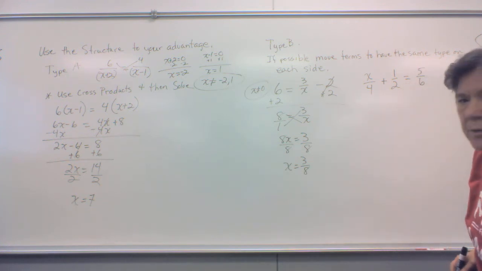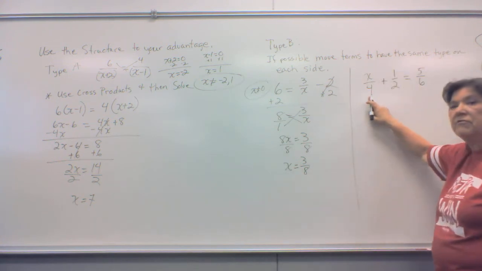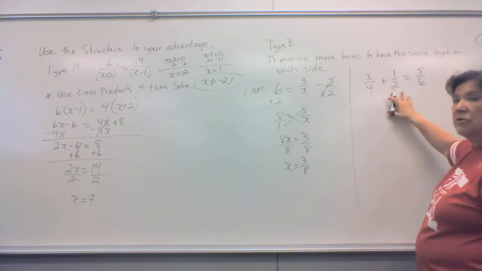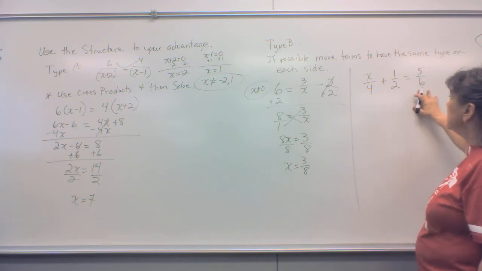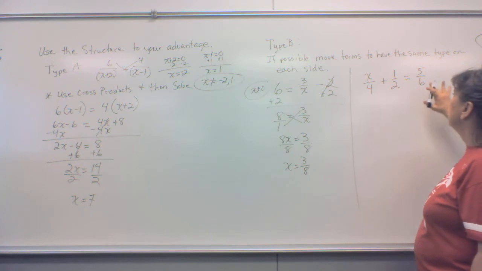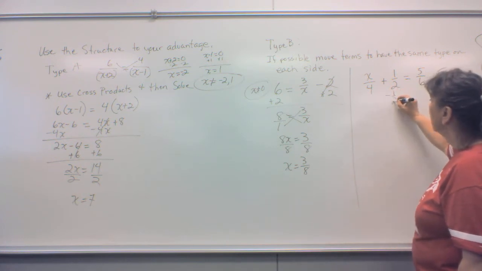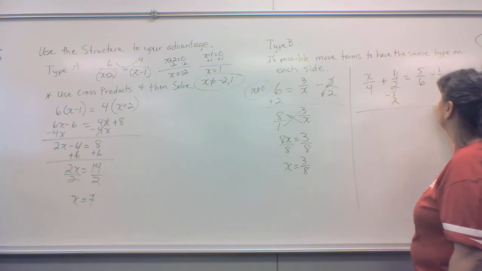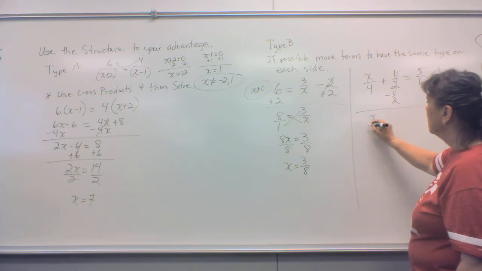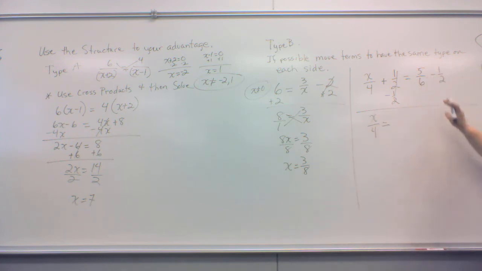Okay, you will notice on this one, we have a variable fraction, we have a regular fraction, and we have a regular fraction. So my first thing is I want to get the regular fractions on the same side. So I'm going to subtract my 1/2 from both sides. And this is going to leave me with x over 4 is equal to, now, notice my denominators aren't the same.